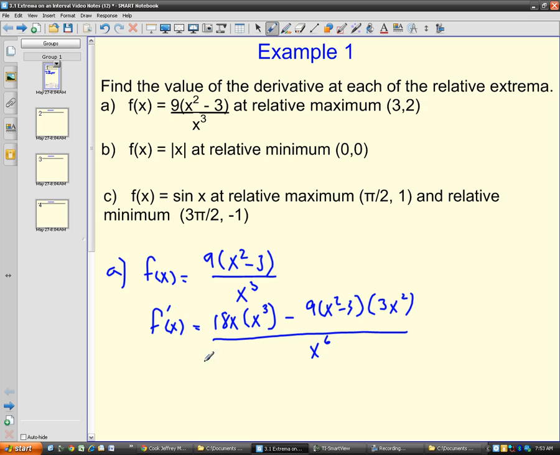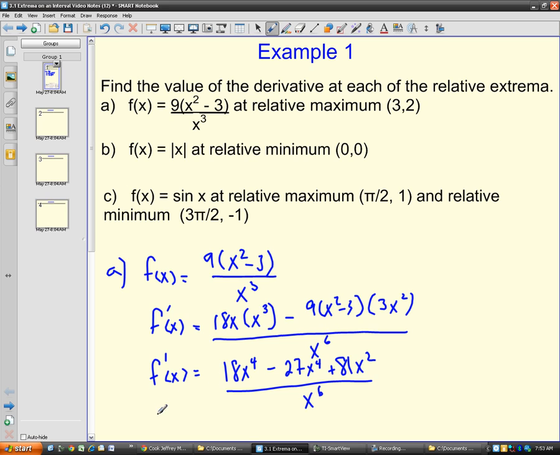If I go ahead and do a little simplification on this, you'll notice I have 18x to the 4th minus 9 times, well, I'm actually going to multiply all this out just to make my life a little bit easier. So 27x to the 4th, and then we have 9 times 9, which is plus 81x squared, all over x to the 6th, because I squared that.